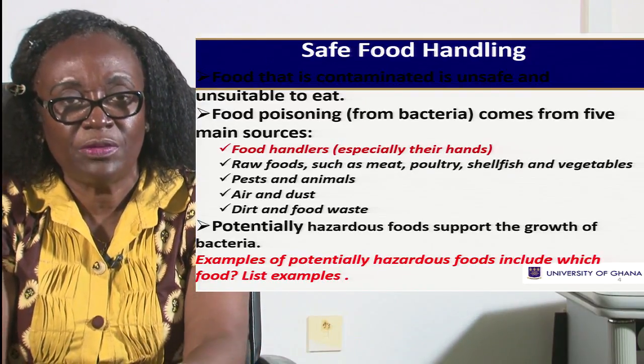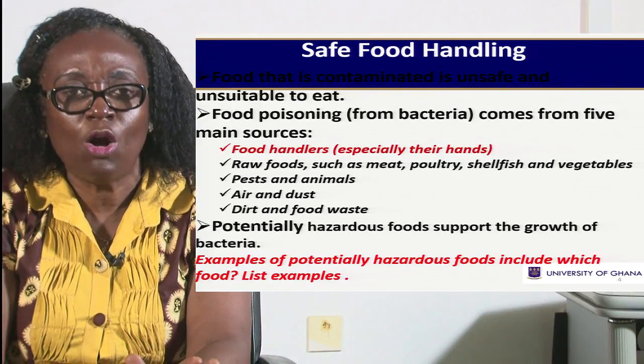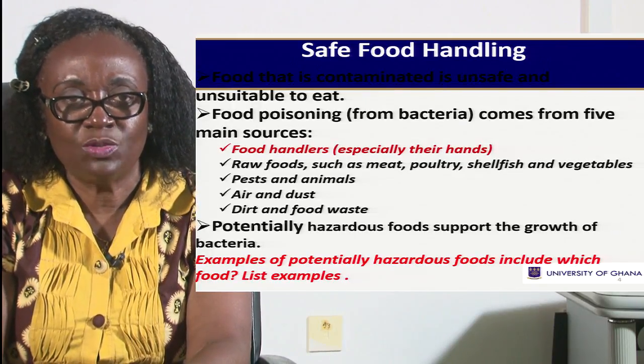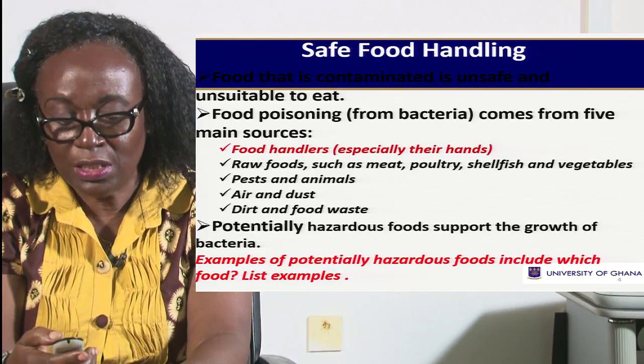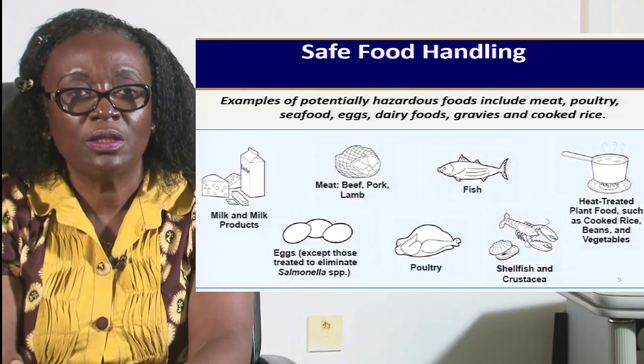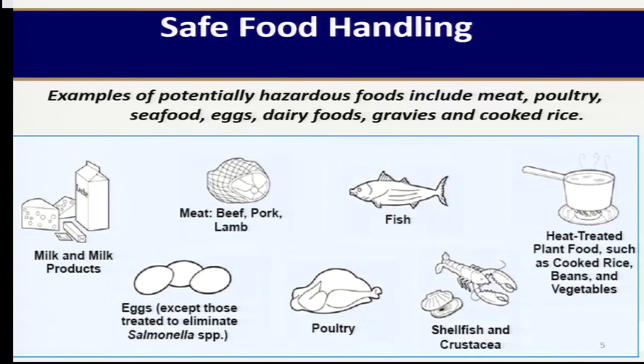The dust also carries some, and they are all left on the food, and these are all potential hazards that we need to guard against. Very, very important if we are talking about the safety of our foods. These are examples of how foods can be hazardous if we don't handle them very well.